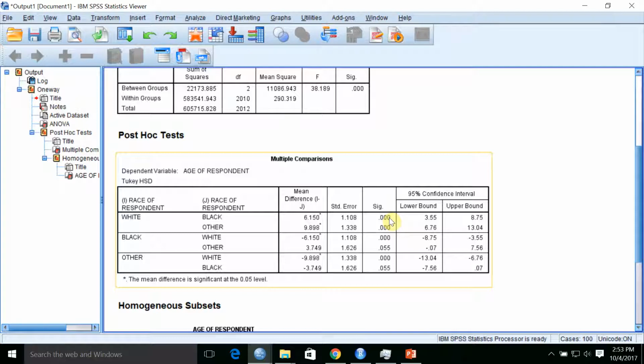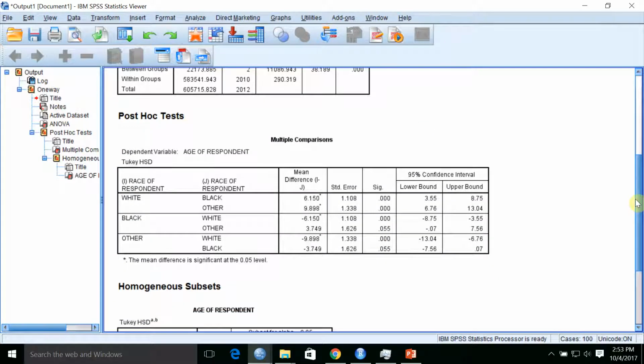The difference between black and white, as we just talked about, is significant at 0.05, but the difference between black and other is not significant at less than 0.05. It's very close, and sometimes we'll even note that it's very close, but we would not reject the hypothesis that there is a significant difference between black and other.